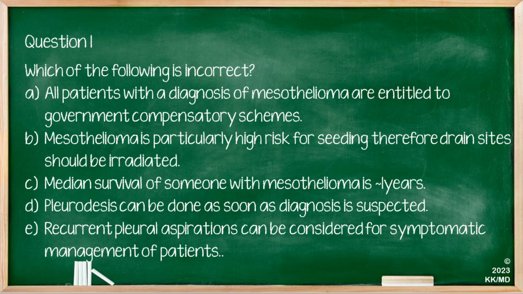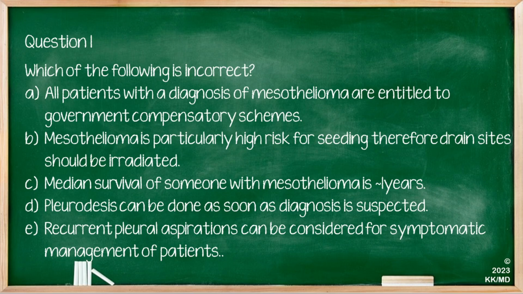So if you recall from our discussions earlier, you will hopefully remember that options A and C are correct. You must inform all the patients with a confirmed diagnosis of mesothelioma that they would be entitled to government compensatory schemes. And unfortunately, the median survival is very poor, at about 1 year.